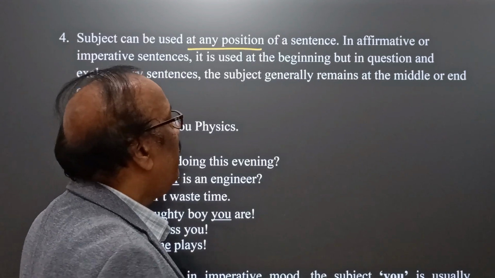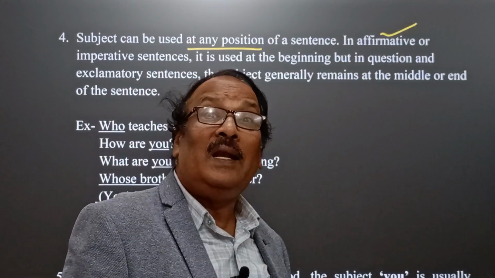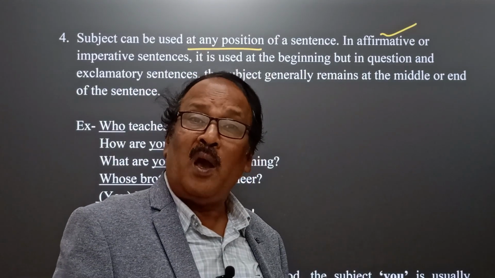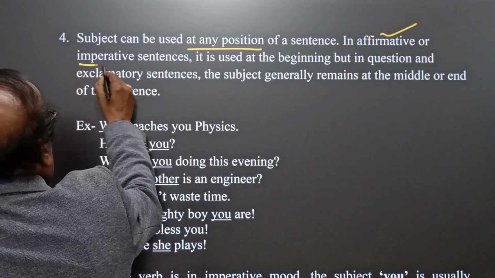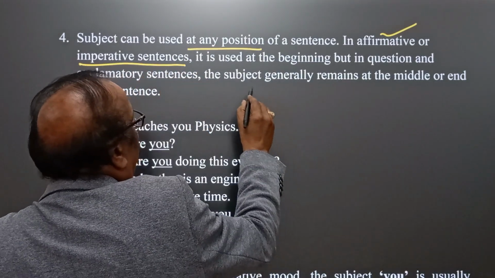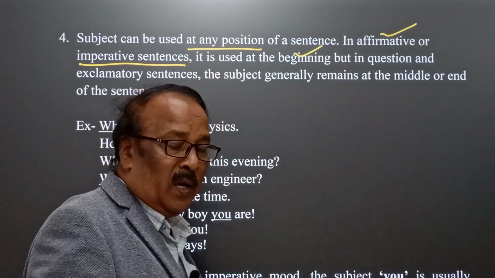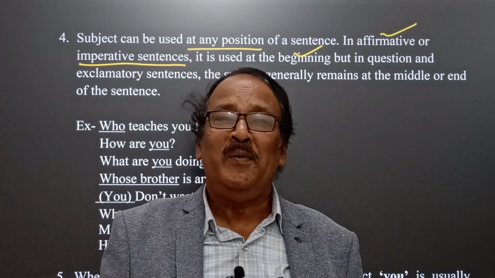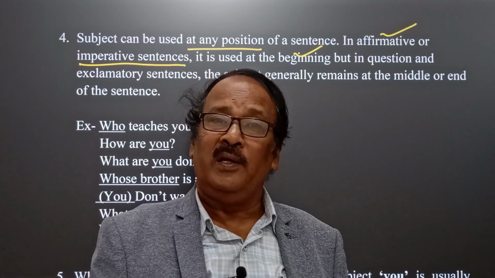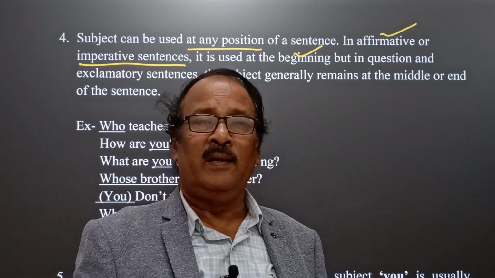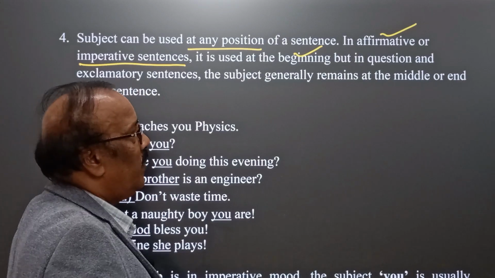In an affirmative, or what I call declarative, sentence, and in imperative sentences, it is used at the beginning. In imperative sentences expressing order, advice, request, it is also used at the beginning.